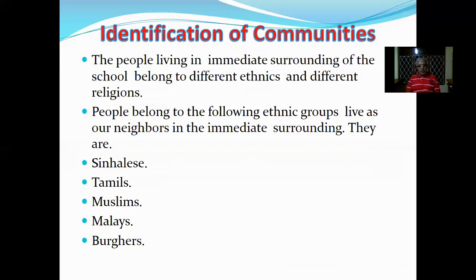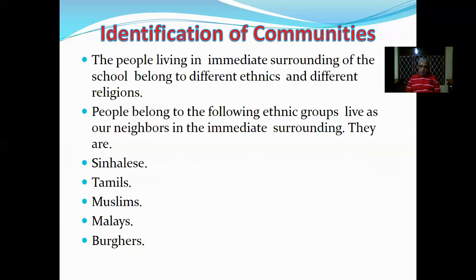Sometimes they may be your neighbors, sometimes even in your class. Children belonging to the Sinhalese, Tamils, Muslims, Malay, Burghers may be studying with you. They represent the different ethnic groups in our surrounding.